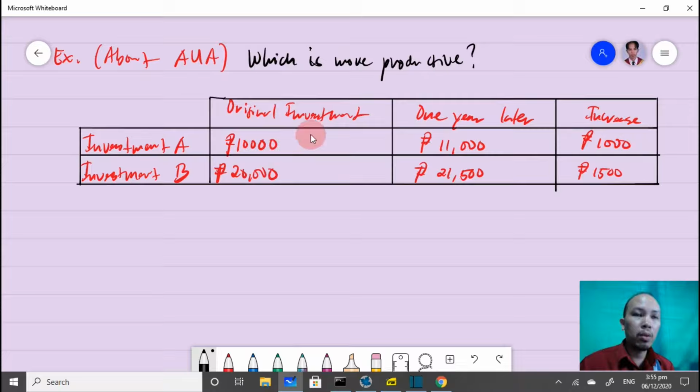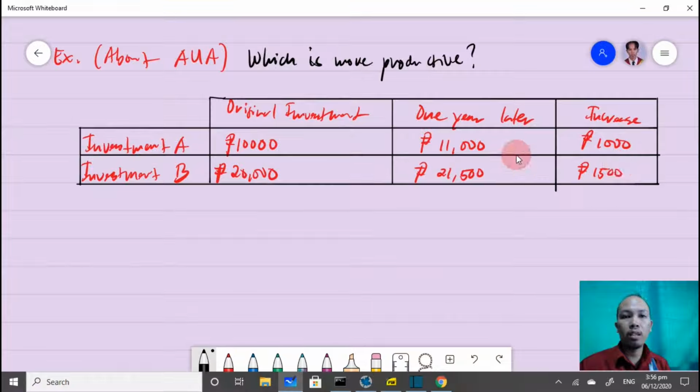As you can see, we did not compute the average constituency. So the table is fixed, it's just like saying that 11,000 minus 10,000 is 1,000, and we have 20,000 minus 21,000, take the absolute value, we have 1,500. Okay, so the question is which is more productive in this case.